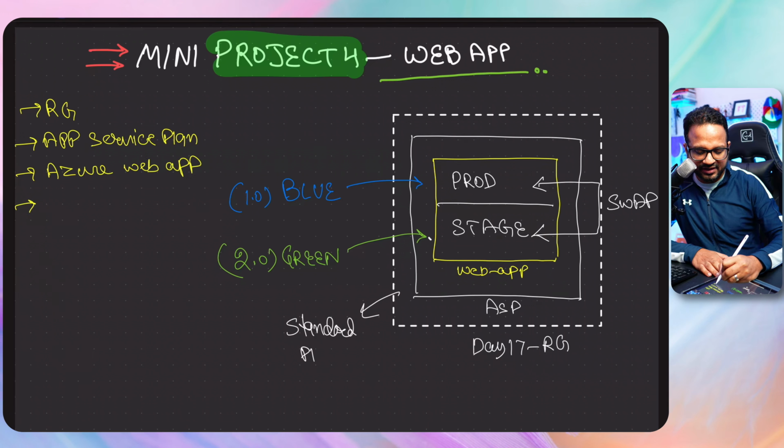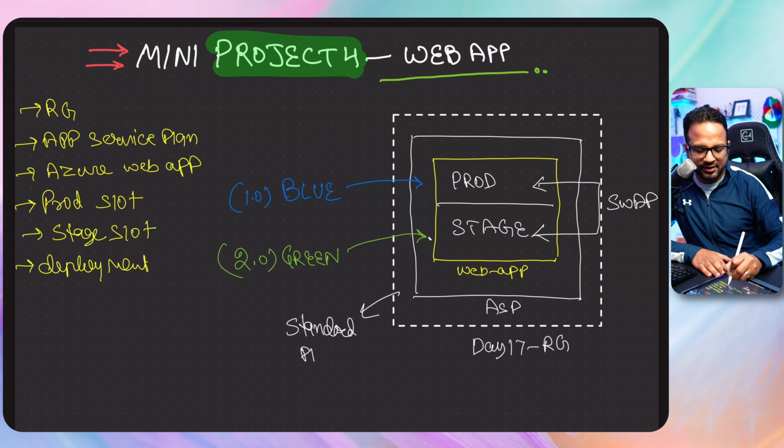Inside that, we'll create a production slot, and then we also create a staging slot. Then we do the deployment on both the slots, but we'll deploy different versions of the application in both the slots. So that's the deployment part, and then we do the swap.